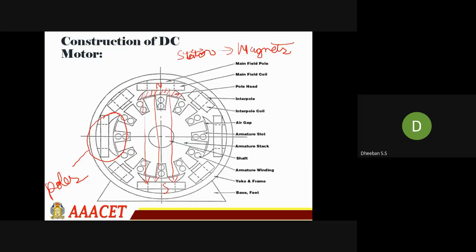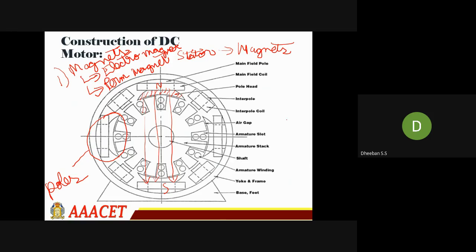Generally there will be two types of magnets. As I said, we will be making use of magnets, and magnets can be either electromagnet or permanent magnet. Mostly we'll be making use of electromagnets. How can we make steel an electromagnet?